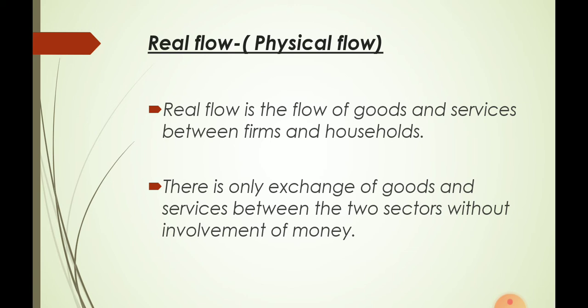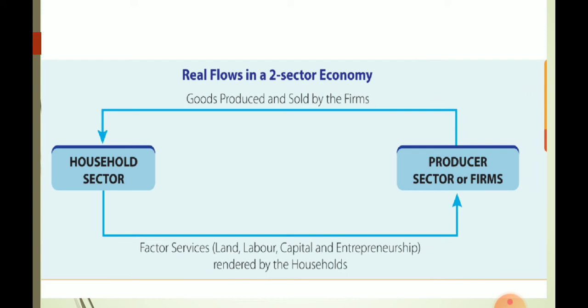There is only exchange of goods and services between two sectors without the involvement of money. It means real flow is related to the barter system, when we are doing the exchange of goods and services, commodity for commodity. Now, explanation of real flow with the help of this diagram.